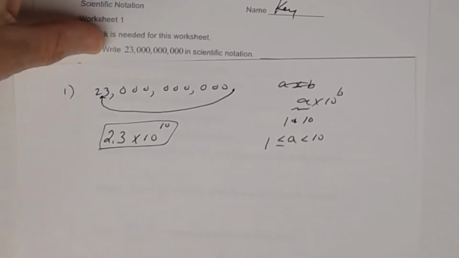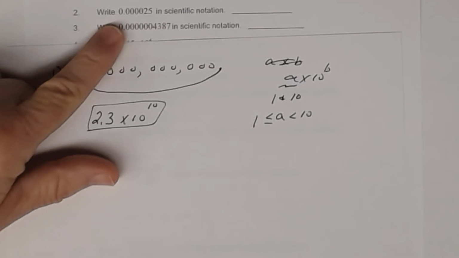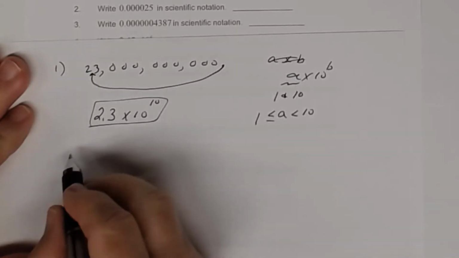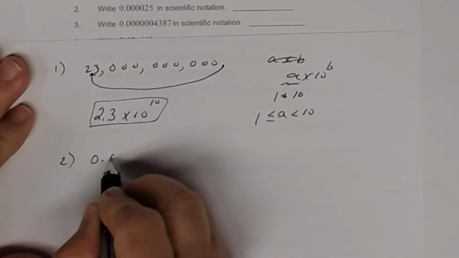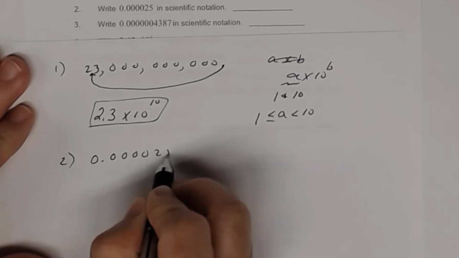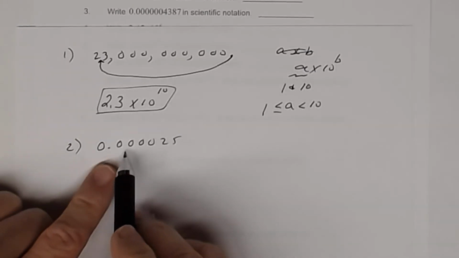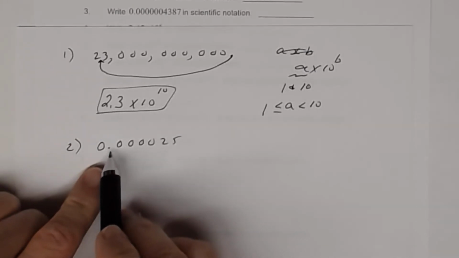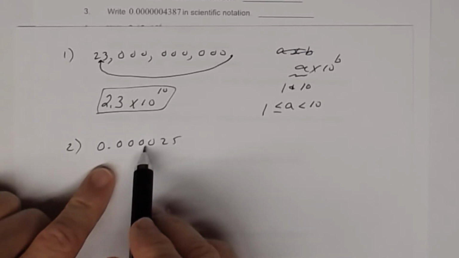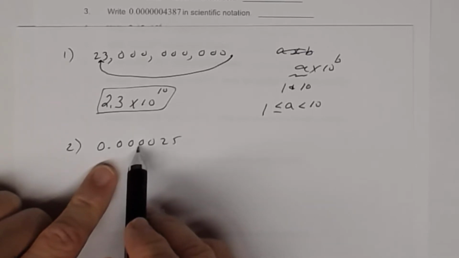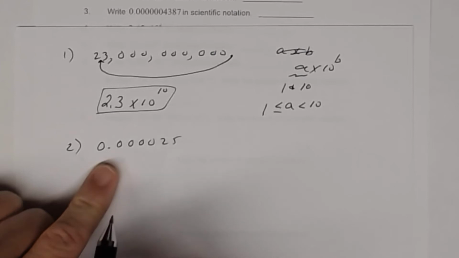The second number was this one right here, so I'm going to rewrite it over. Number 2 is 0.000025. Just like before, I want to put this number in standard notation into scientific notation.